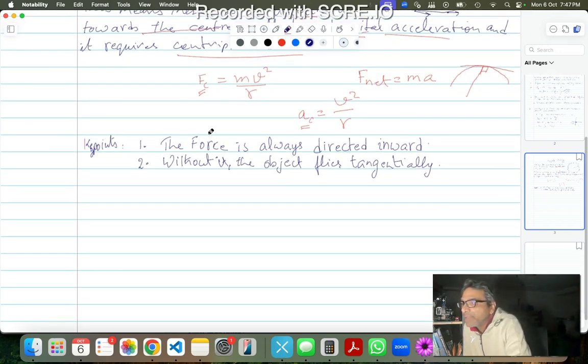Let's see some examples if possible. Satellites in orbits, that's the best we can say.